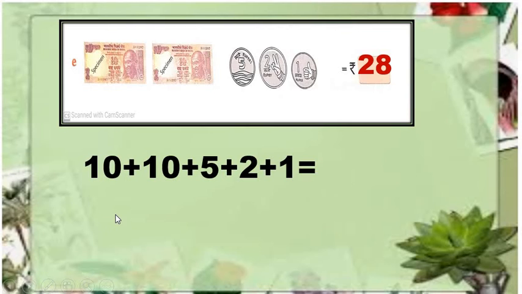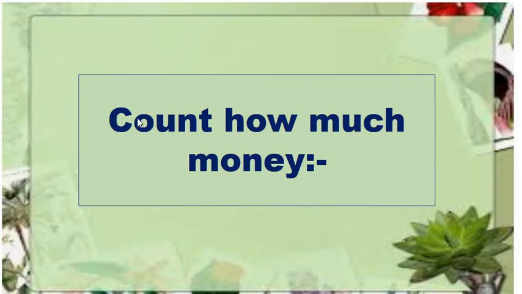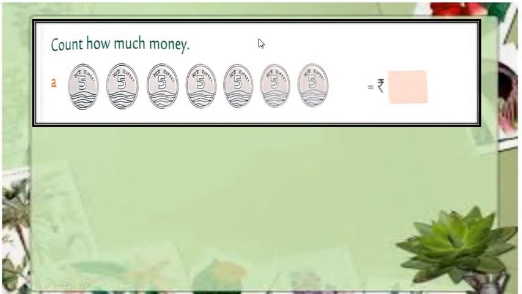Let's make a revision once again so that you all understand how to count the money. Count how much money. We have some 5 rupees coins here. 1, 2, 3, 4, 5, 6 and 7.